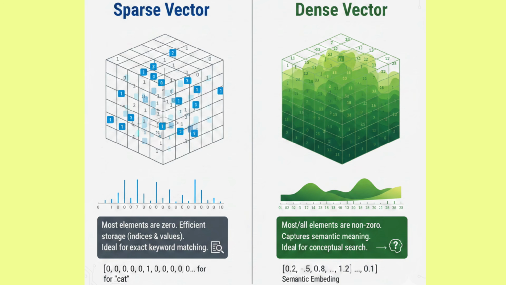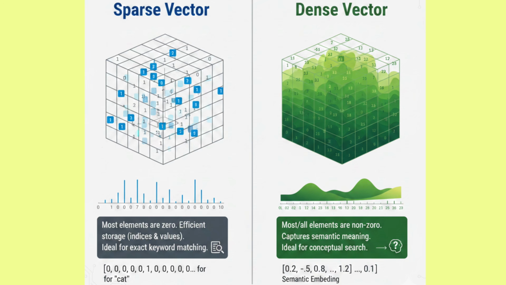This is a vector where most of the elements are zero. They are often used to represent data where only a few features are relevant at any given time, like one hot encoded categorical data or text data using a bag of words model. Storing these efficiently means only saving the non-zero values and their indices.